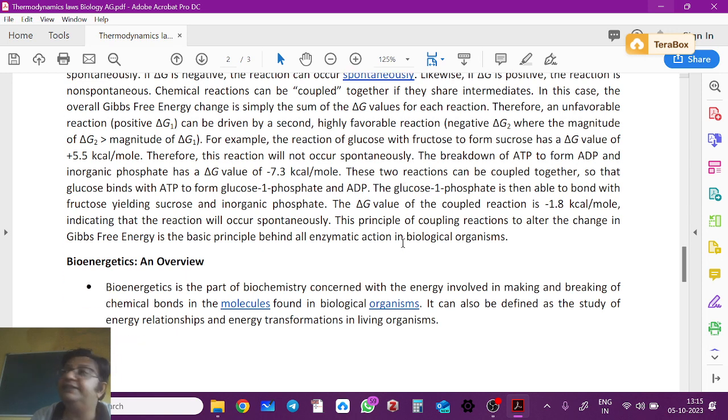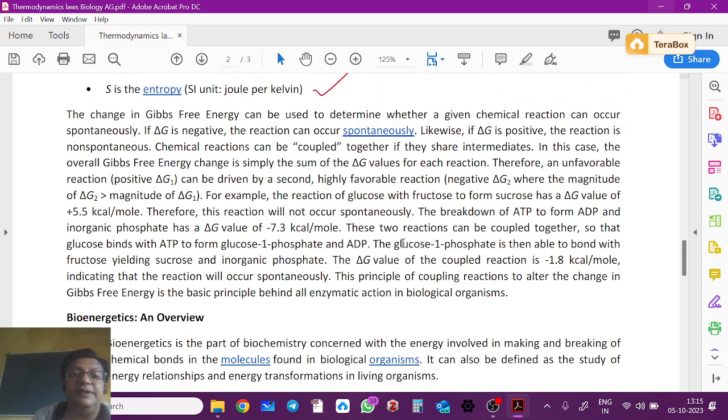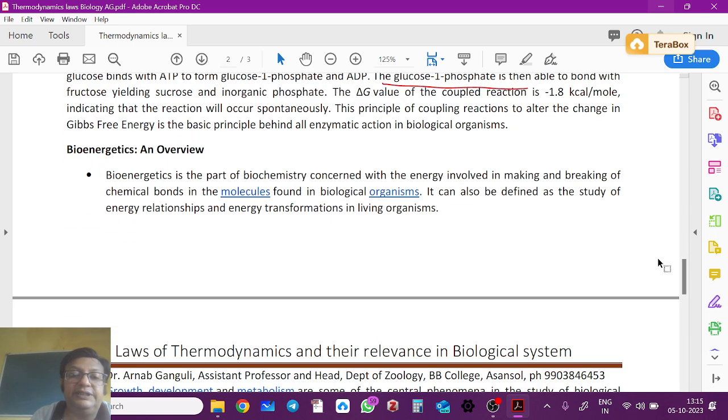Okay, the example of ATP. I've already given the glucose 1,6-phosphate example. So this is what you study in thermodynamics. And bioenergetics is a reaction, for example, glucose to glucose 6-phosphate. It is normally not feasible.